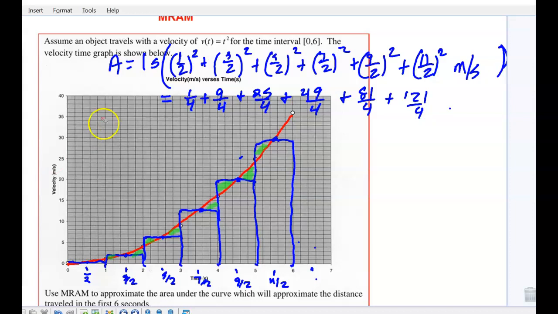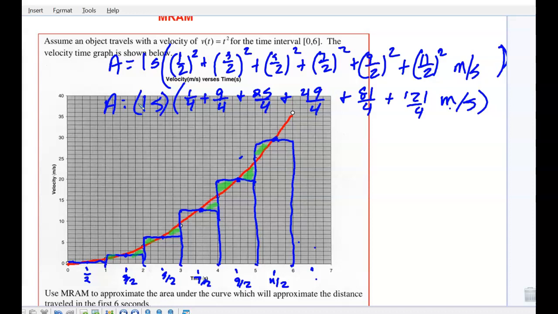And I would have to still multiply this by my value out front. So again, these are meters per second. My width of my rectangle is 1 second. So now if I calculate the area, I'm going to get 35 quarters plus 49 quarters plus 81 quarters plus 121 quarters.